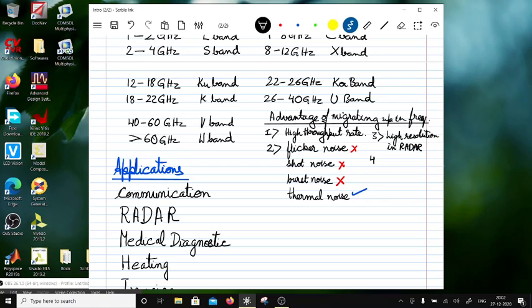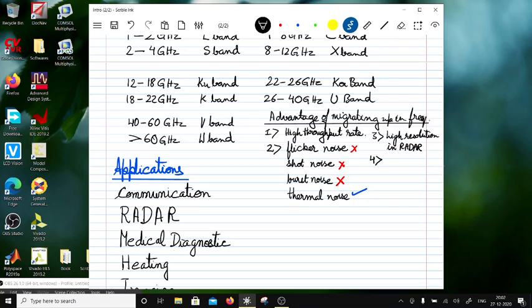Okay, the fourth most obvious advantage is, or rather a disadvantage, this time I'm going to say a disadvantage, or it is also an advantage in some sense. As you go up higher in frequency, the path loss keeps increasing. That means that if you have an isotropic antenna and you are using it for a low frequency, the path loss is going to be less, while if you use it for a high frequency, path loss is going to be more.